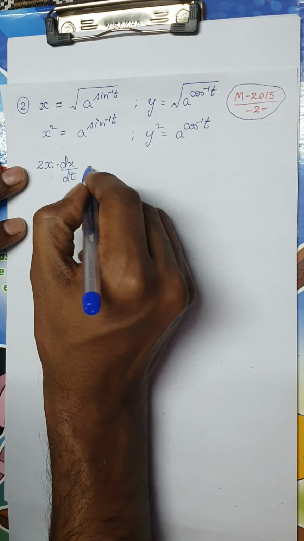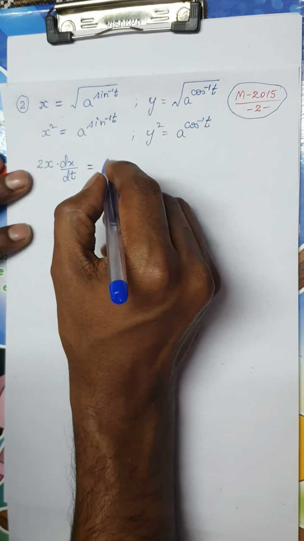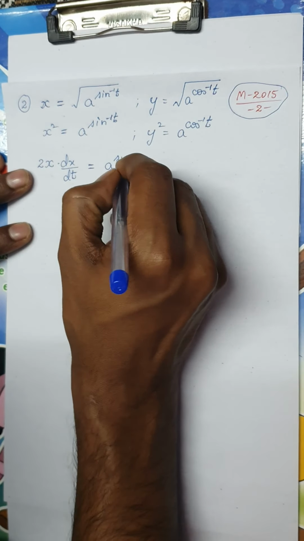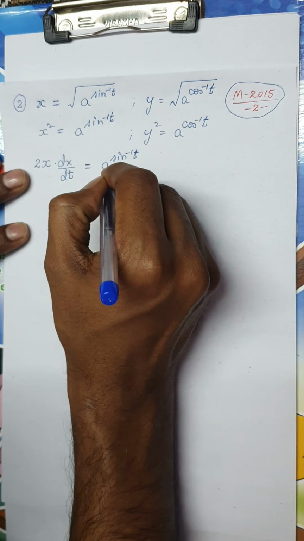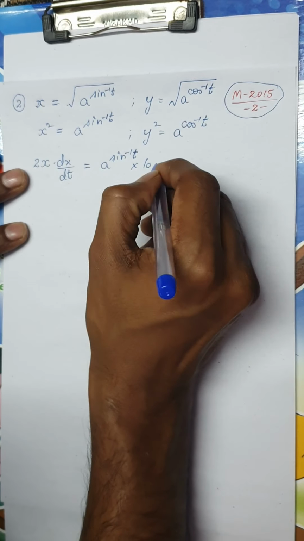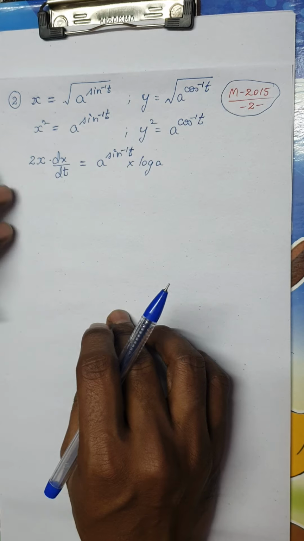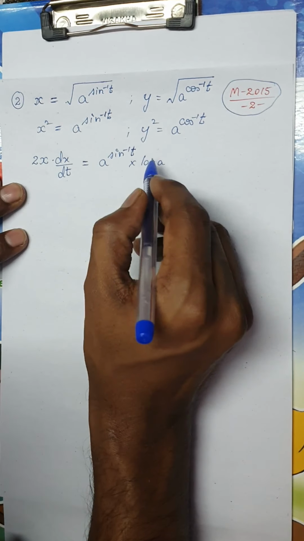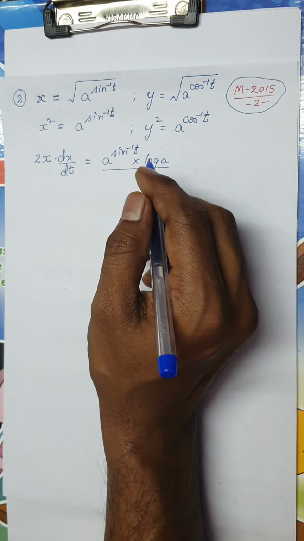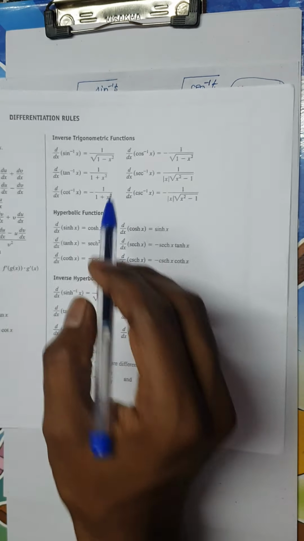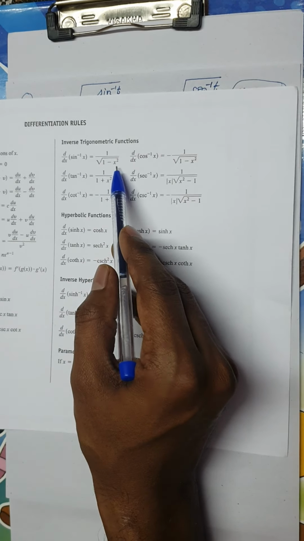Now, what is the derivative of a power f of x? It is a power f of x into log a. Here I have f of t, so a power f of t into log a, into the differentiation of sin inverse t. We all know the derivative of sin inverse x is 1 divided by root of 1 minus x square.